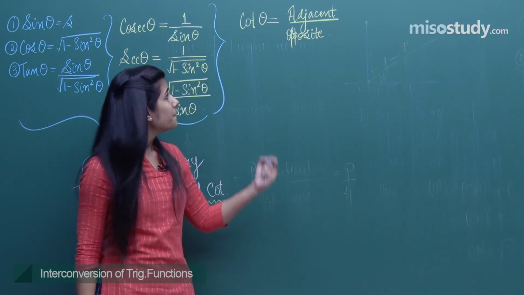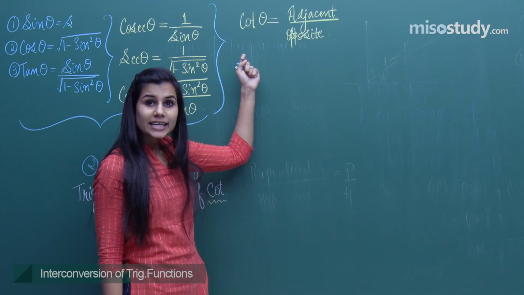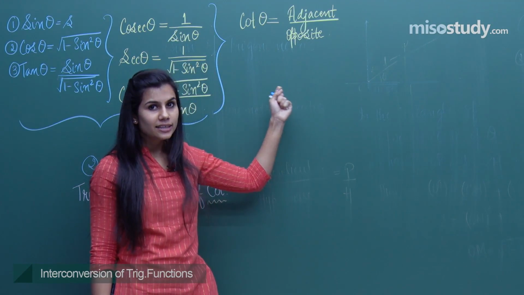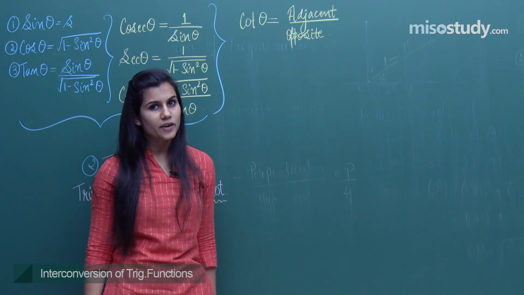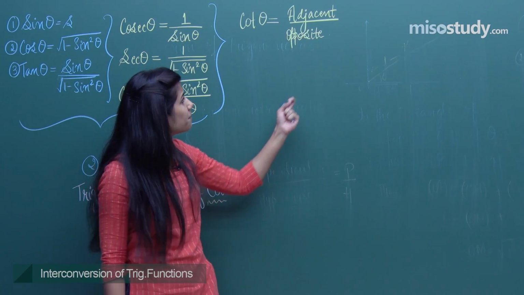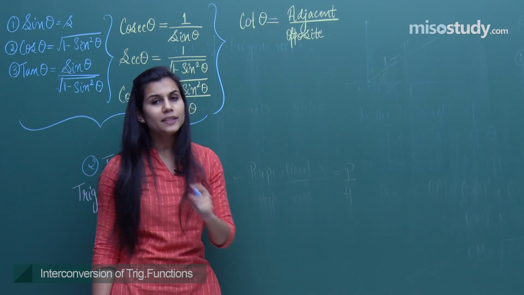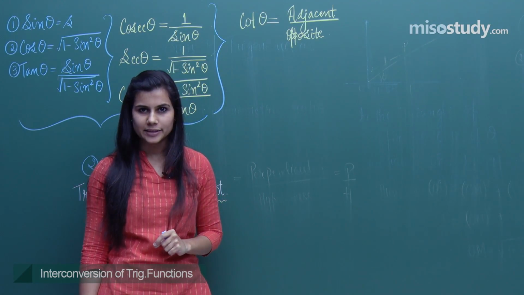Right? Because cot theta is equal to the adjacent side of the angle theta in the triangle of reference of theta divided by the opposite side of the angle theta in the triangle of reference of the angle theta.